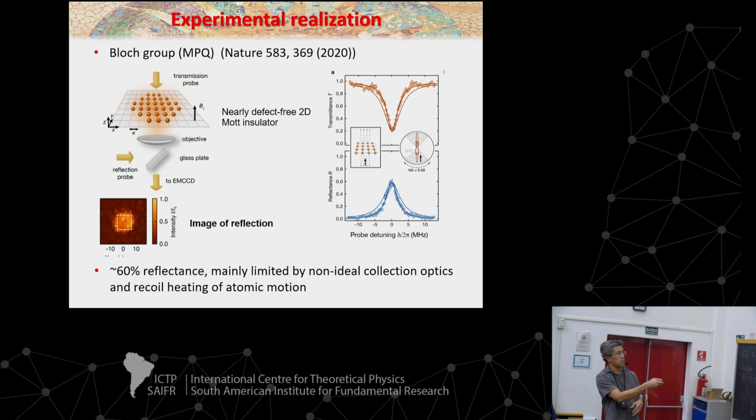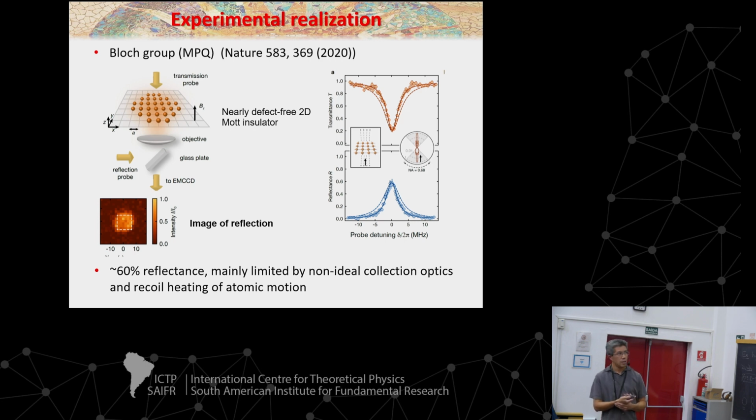So they have some part of the beam that's just bypassing the atoms completely and still getting sent to the CCD. They shine in the light for too long, so the atoms scatter too many photons and start heating up. And so the fact that they see 60% reflectance is mostly due to those types of imperfections, which are not really challenging imperfections to correct in the future.